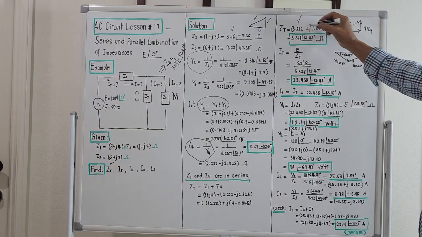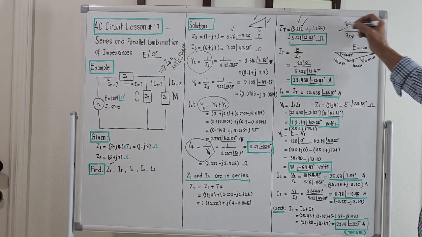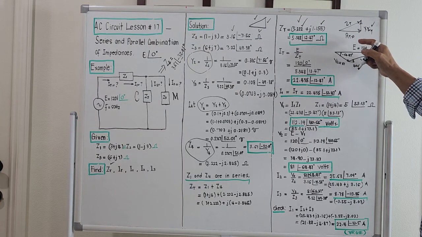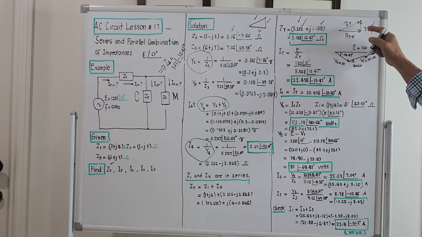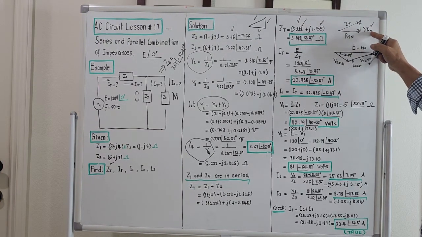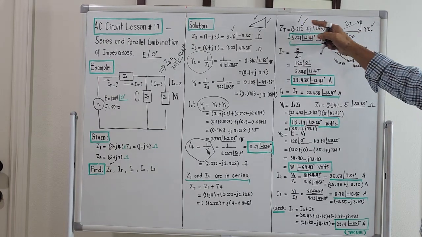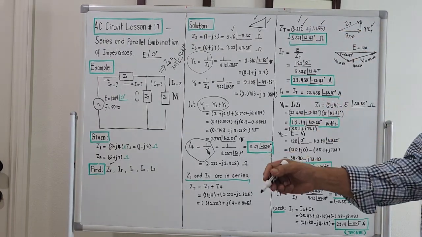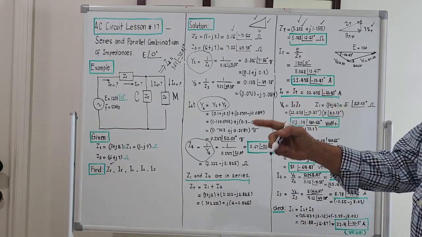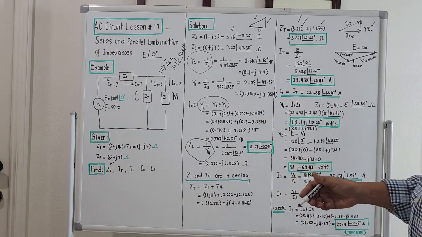R total is actually this one. XL total is this one. If we add it vectorially, imaginary part, real part, use the cosine value or the sine value or use the Pythagorean principle.